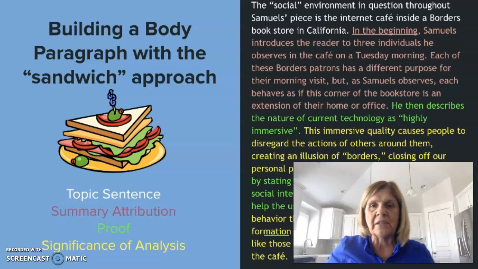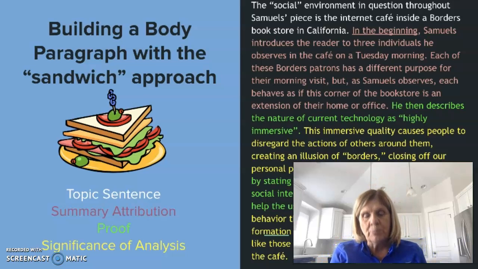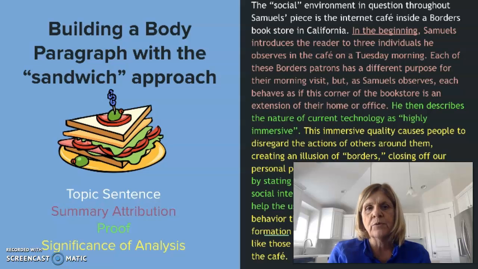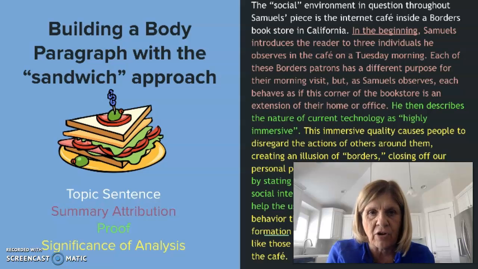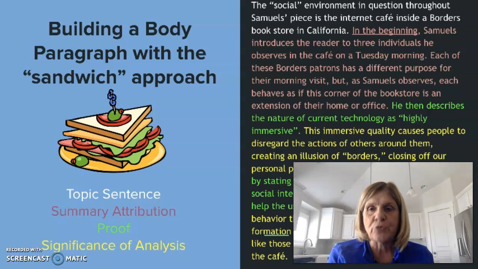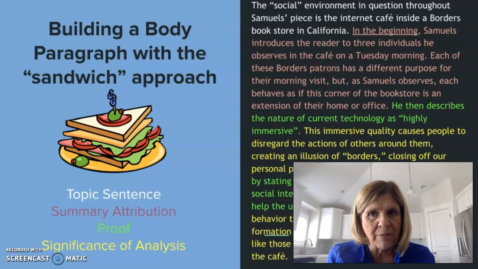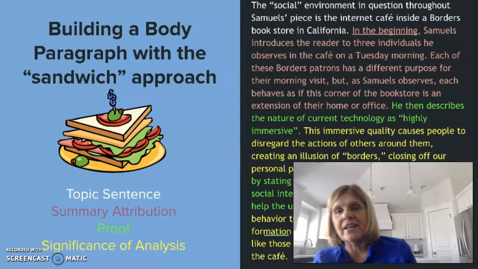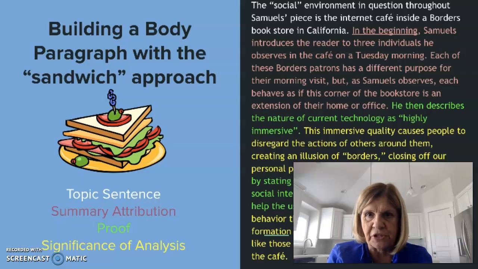So for you, as you build body paragraphs, you need to remember that there are 4 parts of every body paragraph. Of course, a topic sentence that supports the overall thesis or claim in your introduction. Then some attributive phrases, and what I mean by that is you lead into your evidence that you're going to produce.